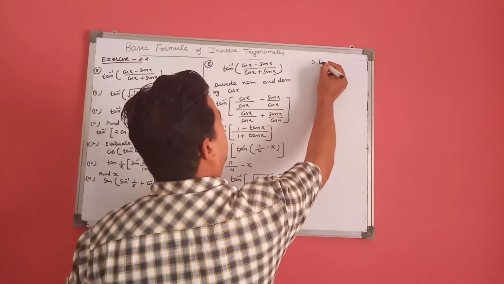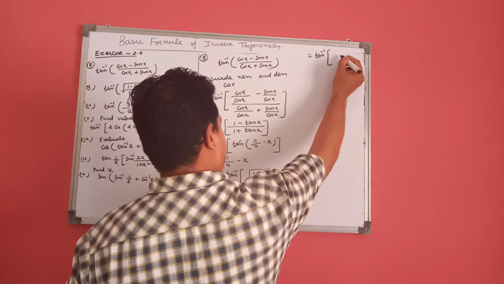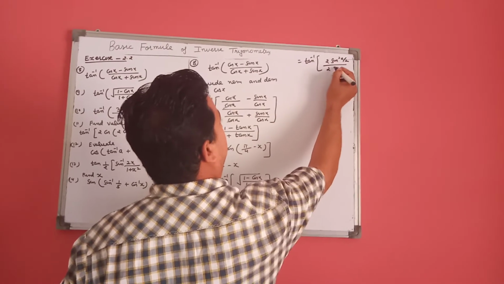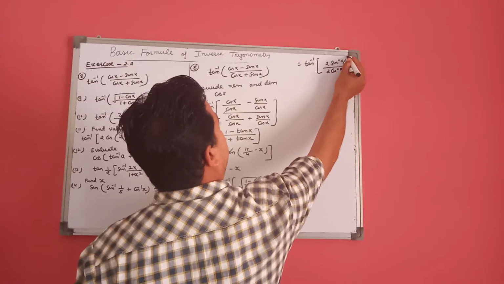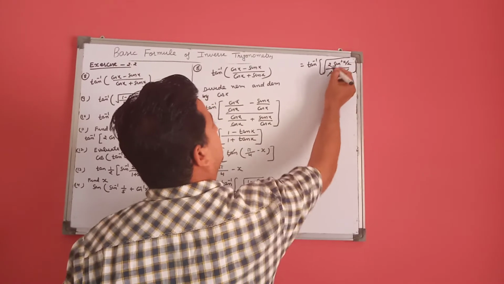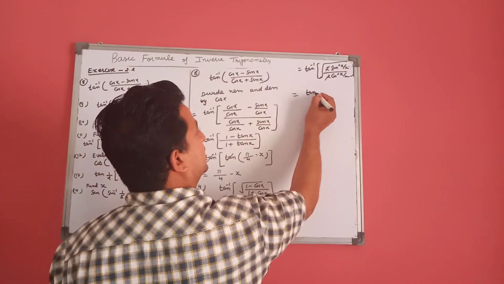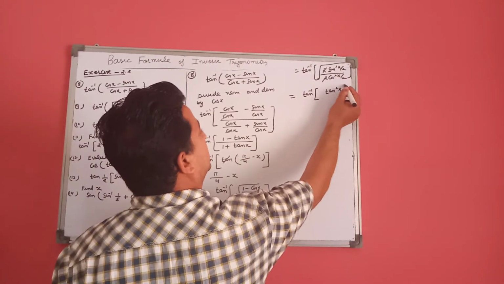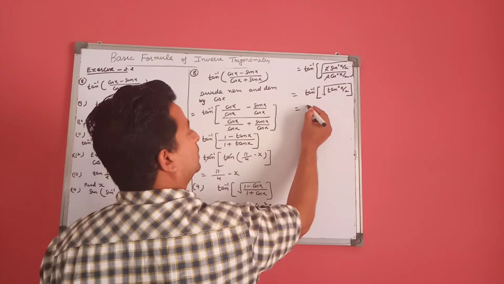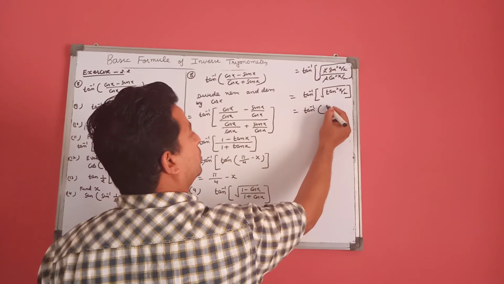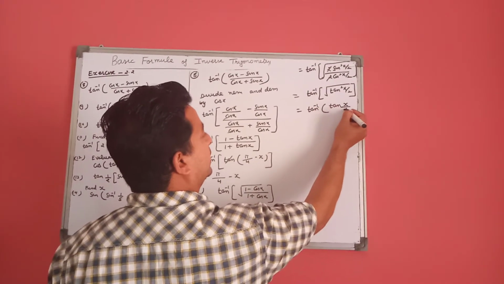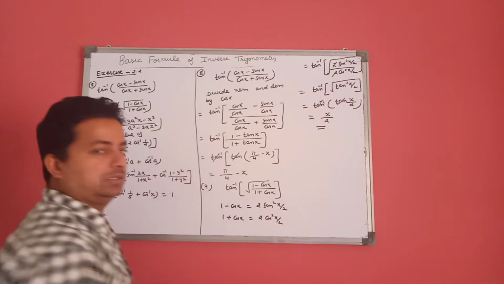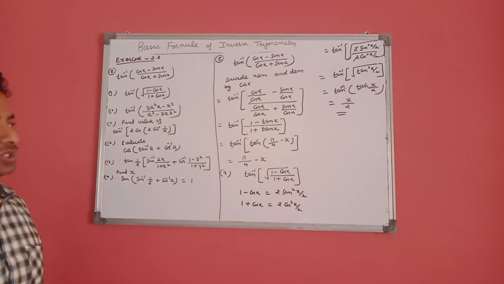Put this formula: tan inverse of the square root of 2 sin square x by 2 divided by 2 cos square x by 2. These two cancel out. Sin square x by 2 over cos square x by 2 is tan square x by 2. Take the square root of this, tan x by 2. This cancels out. So x by 2 is the simplest form of this question.